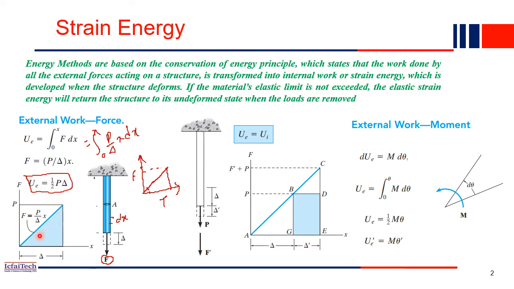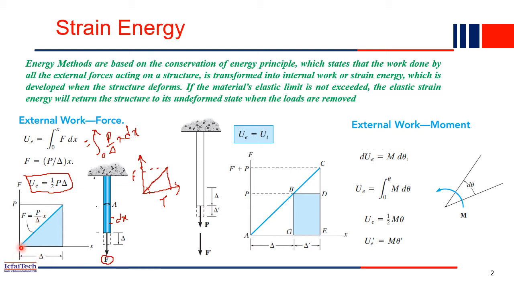How? At the beginning, when time was 0, the force was also 0. Now the force is applied gradually, right? So gradually at the beginning it was 0, then after a certain time it reaches the entire force P, and the total elongation happened, that is delta, right? So if you take the average, what will be the average?